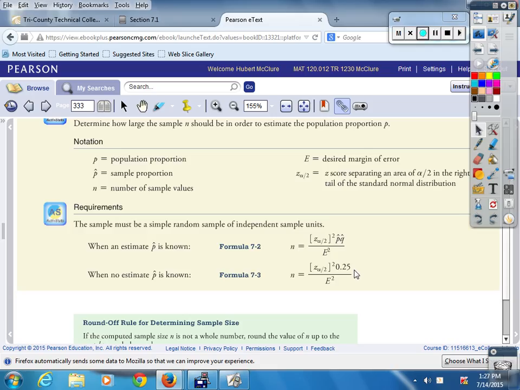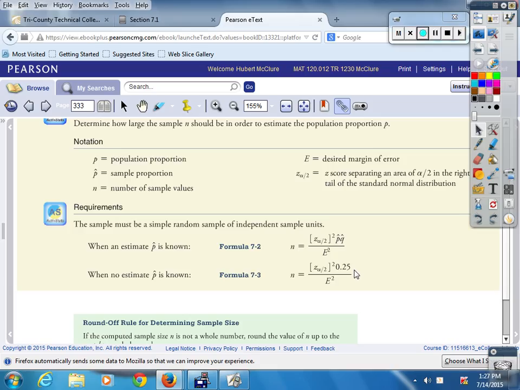All right. Now, what's the difference between the two? Well, the difference is P is not known. If P is not known, then what's the probability of something coming out yes or no? 50-50. So if you plug in 0.5 and 0.5 for P and Q, what do you come up with? 0.25.